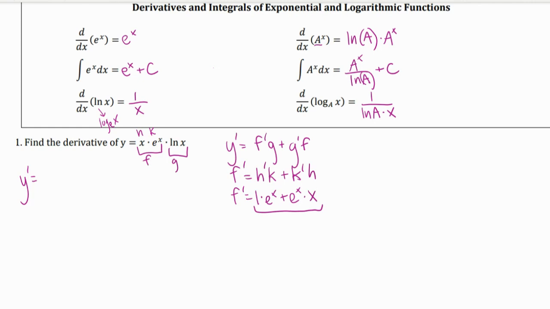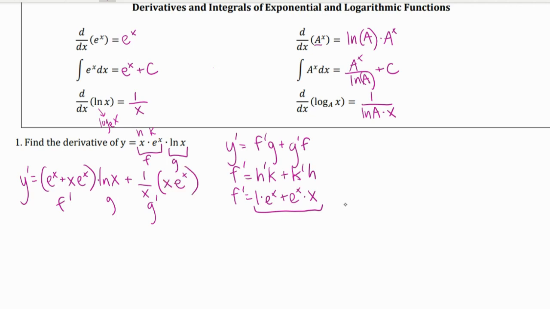All right, so then going back to my derivative, it's going to be f prime, which is e to the x plus x e to the x, times g, which is ln x, plus g prime, the derivative of ln x is 1 over x, times f, which is x e to the x.